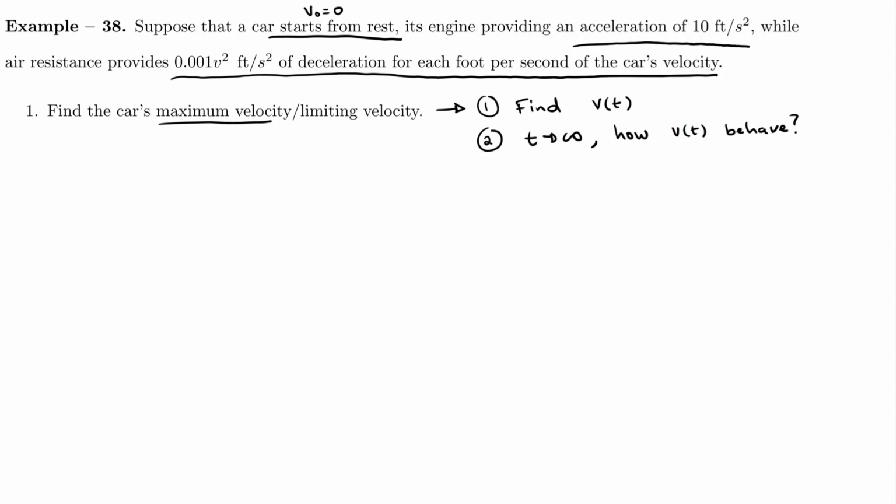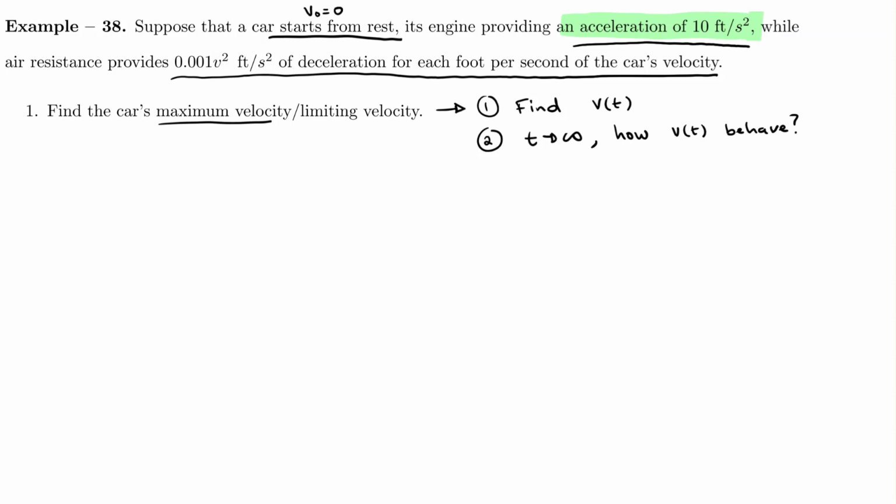Now the first thing that we need to do is set up the differential equation: how is velocity changing with respect to time? In order to understand that, we have to understand the two forces acting on the car's change in velocity over time. One is that it is accelerating, so the speed is increasing at 10 feet per second squared.